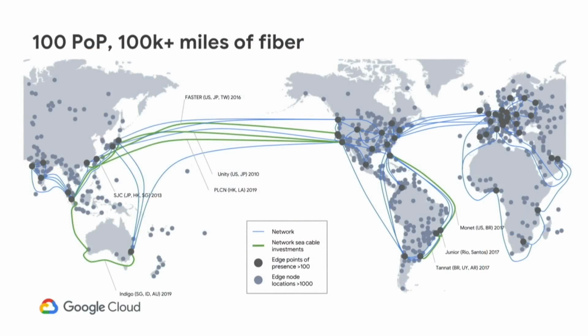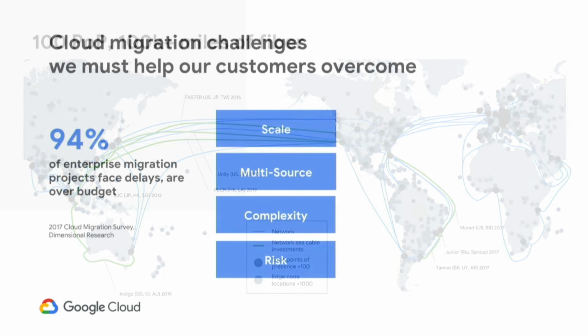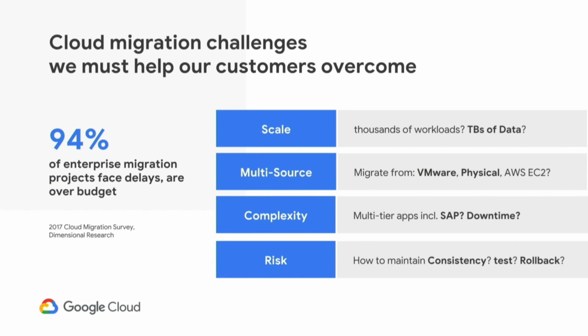This global network of data centers is connected using our proprietary network with multiple undersea cables. We have more than 100 points of presence and more than 100,000 miles of fiber, and this also means unprecedented performance that you can benefit from if you host your infrastructure in Google Cloud. That was the recap from the previous session on why Google Cloud.